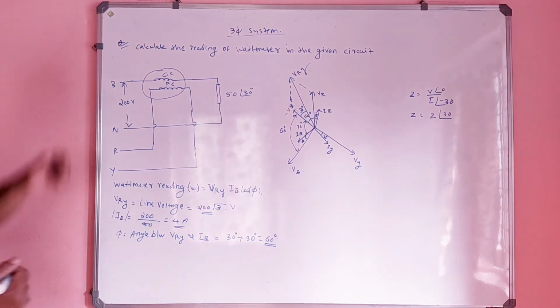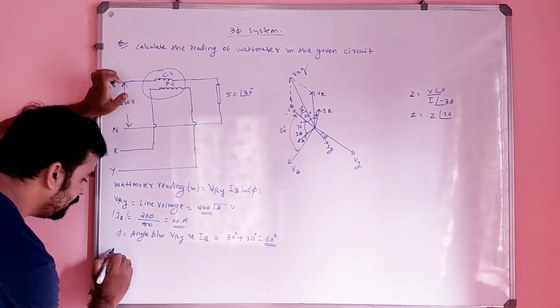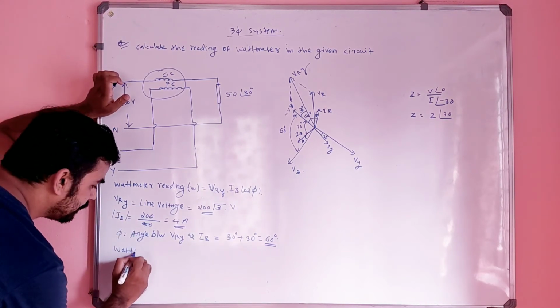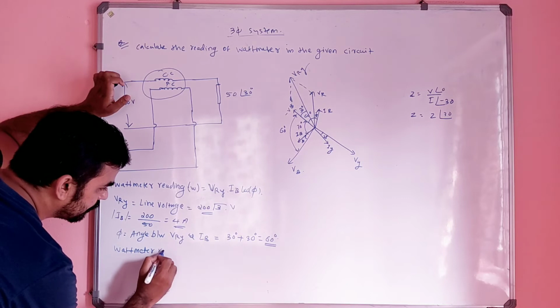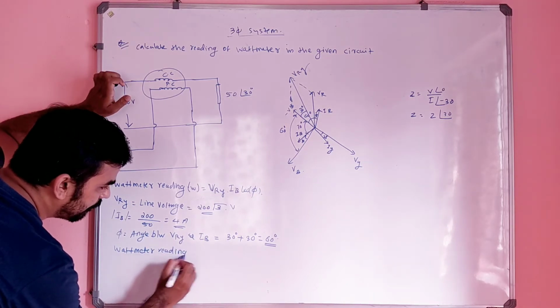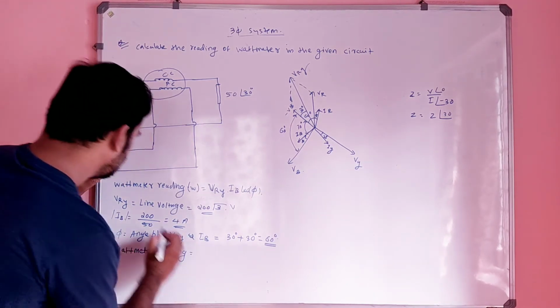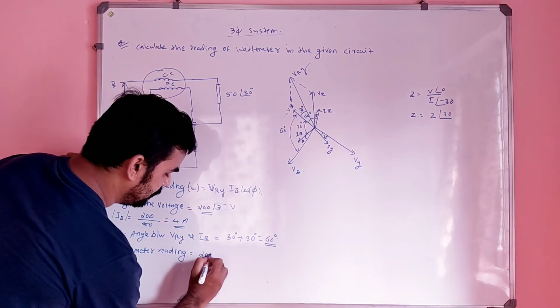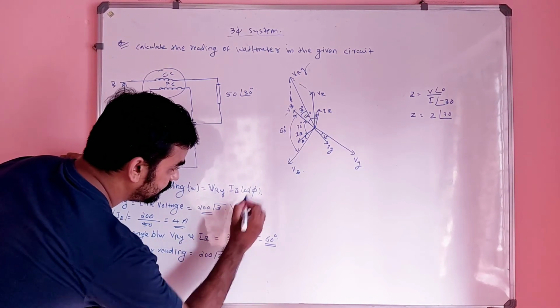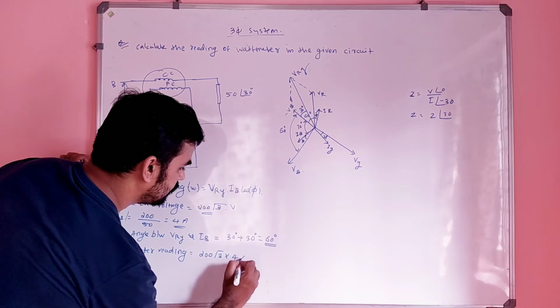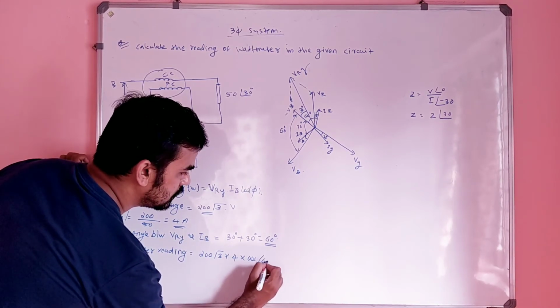So you can find the watt power. So the wattmeter reading will be 200 root 3 into 4 into cos 60.